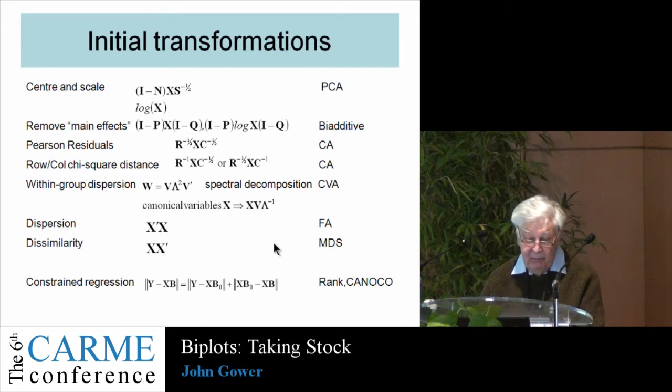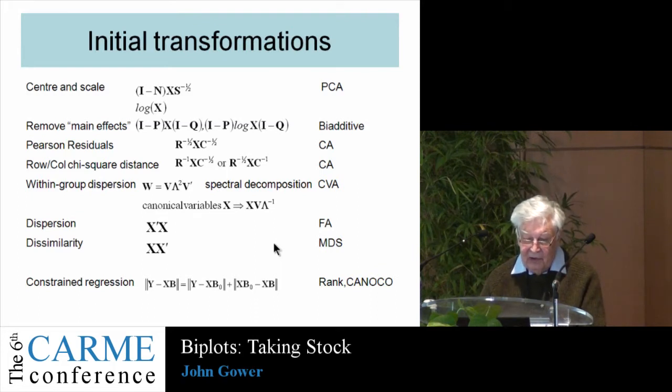That's removing row and column means. And you can do that on the log data or on the original data or any transformation of the data. Correspondence analysis, I find that this is a sensitive matter, but I'm not going to make a big issue of it today. But there are, I think, several varieties of correspondence analysis.